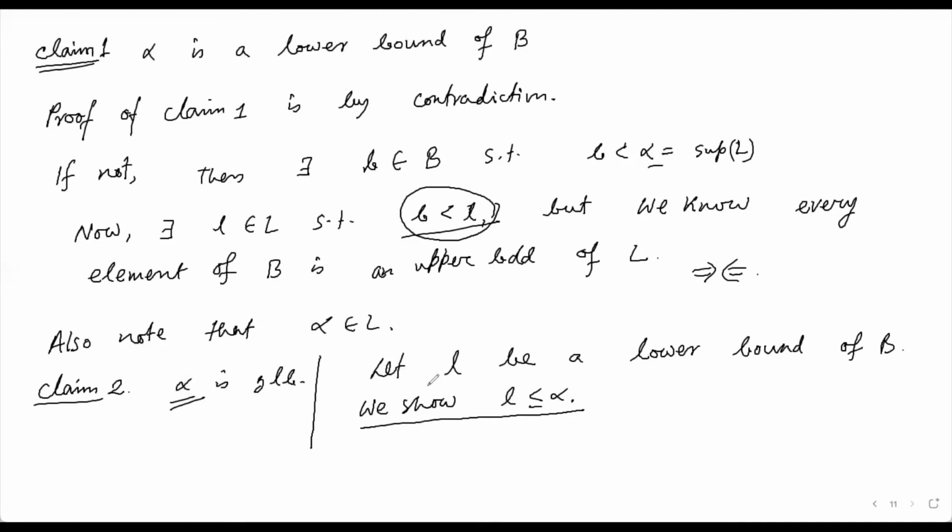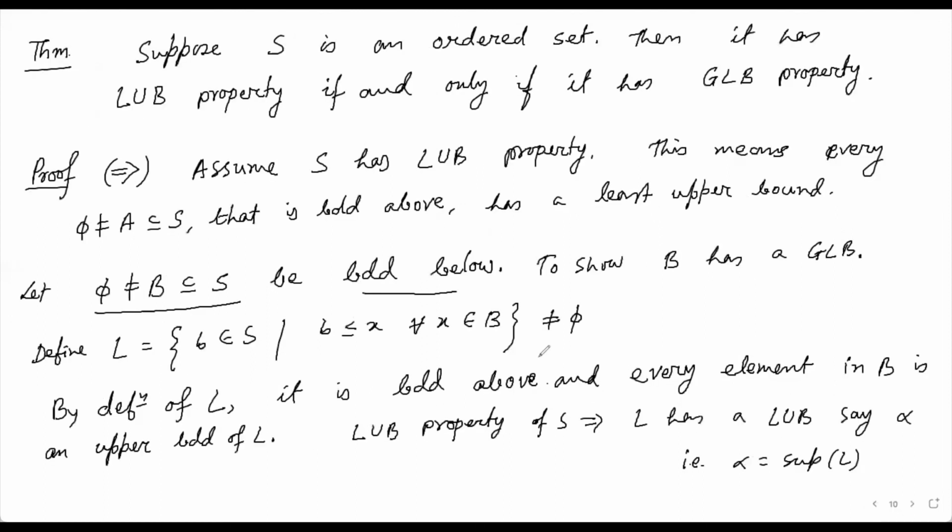Now, if l is a lower bound of B, this implies l is less than or equal to x for all x belonging to B. And this implies l belongs to capital L, by definition.